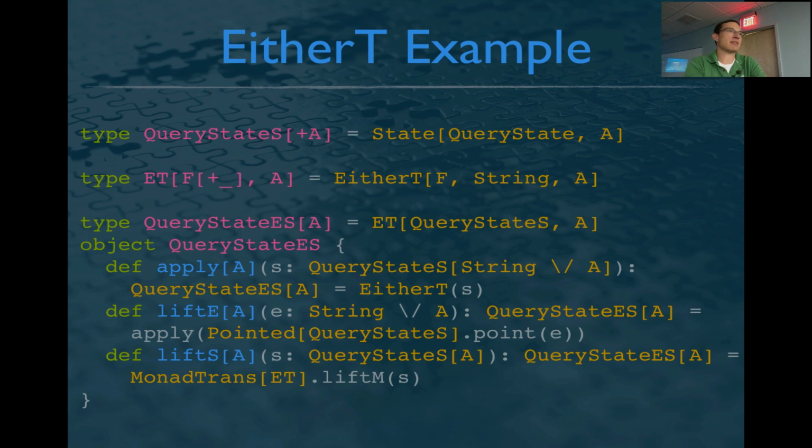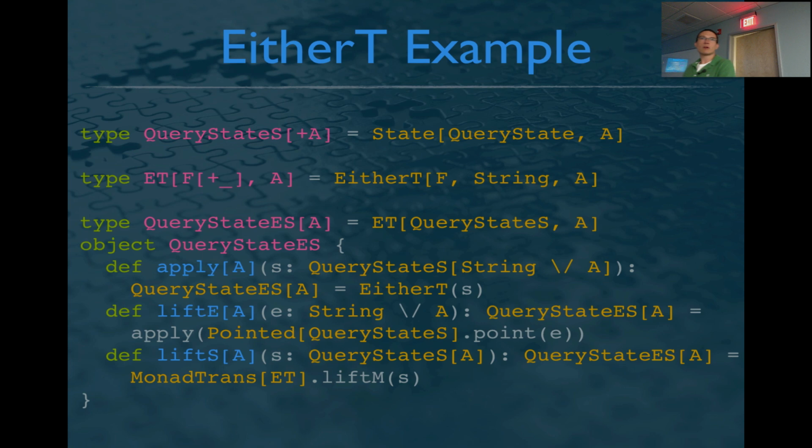I don't need this apply method. I could just call EitherT apply, EitherT open paren, or EitherT brace, or whatever. But since I know all these types, like in this particular code, my left type is a string all throughout my code, and I know my monad in this case is QueryState S. Rather than deal with failures in Scalaz type inference in various ways and have to specifically apply all those states, I can just put this all in this one place in this apply method.